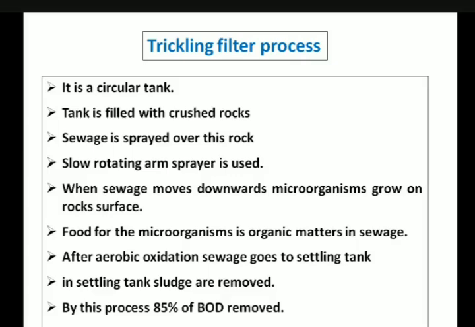The food for the microorganisms is the organic matter in the sewage. After this aerobic oxidation, the sewage goes to the settling tank, and in the settling tank you can remove the sludge.